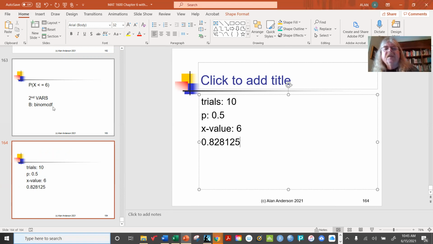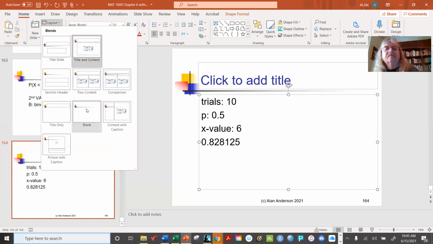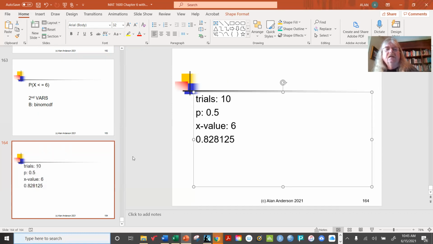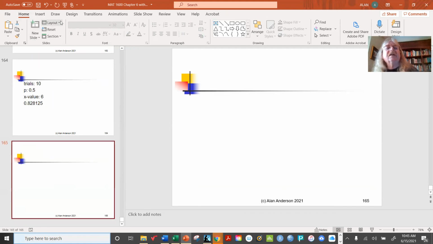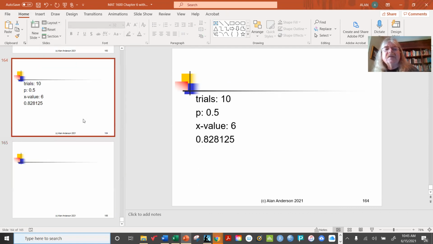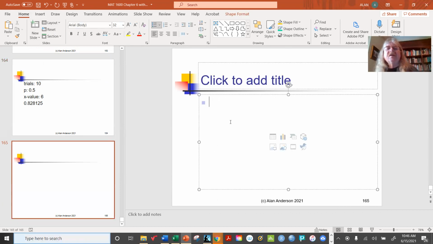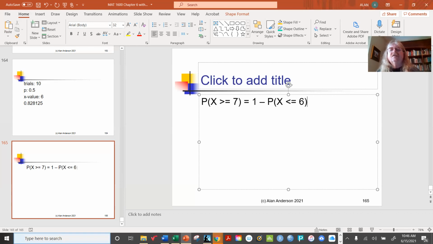It's okay. Now, the final answer then is not that number. This is the only risk that you take when you do something like this. It's easy to stop at this point and accidentally say, oh, this must be the right answer, right? No, because you had to do that one more step. So remember, we're looking for X greater than or equal to 7. So you've got 1 minus 0.828125.